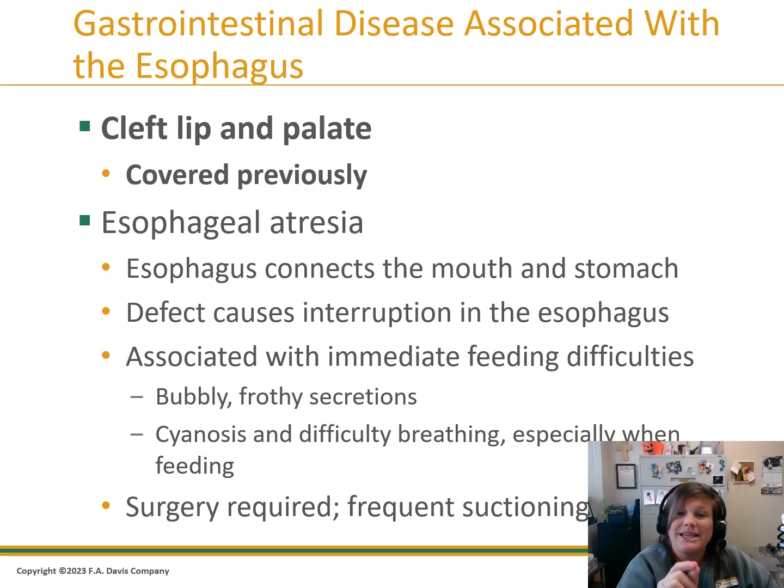It will not be on this unit exam because it was tested when we covered it previously. So just remember that this is one of those conditions that does impact the GI function because it can interfere with their eating, but it's one that we've already addressed.